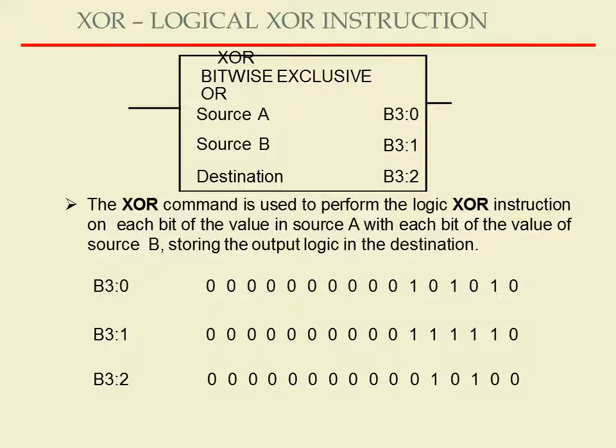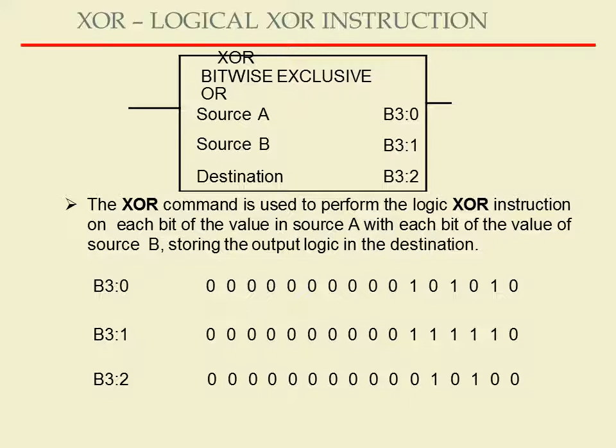The XOR command is used to perform the logic XOR instruction on each bit of the value in source A with each bit of the value of source B, storing the output logic in the destination. So here bitwise operations are done and the output is stored in B3:2.